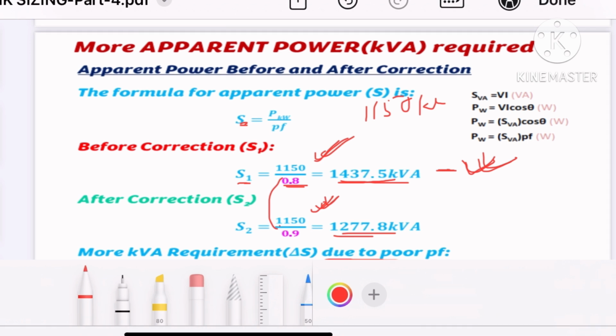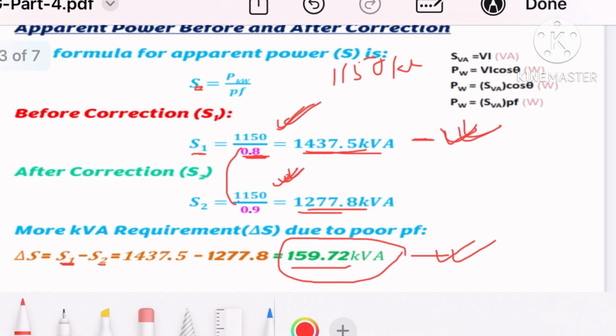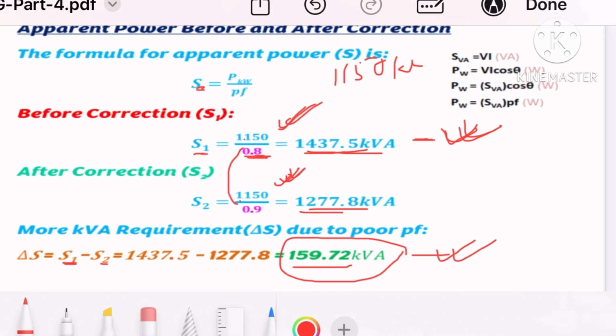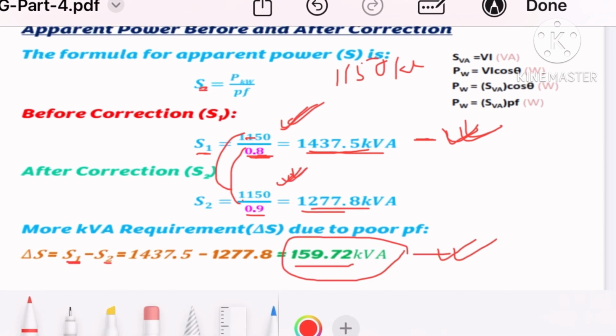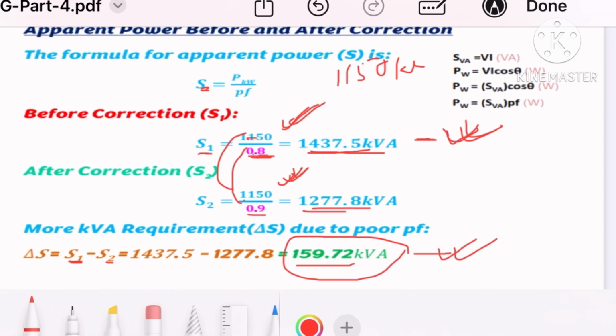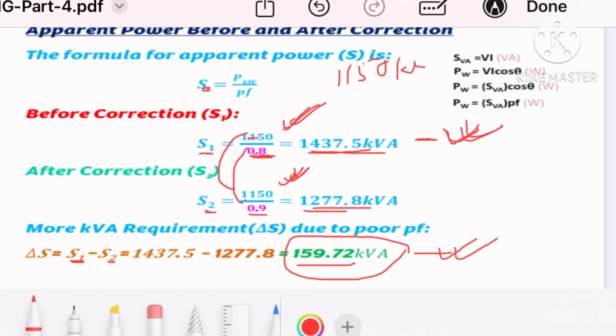Now this is the apparent power when we connect a load of 1150 kilowatt. Now I introduce a capacitor bank in the system with the same total connected load of 1150 kilowatt, so the power factor improves from 0.8 to 0.9. In this case the apparent power requirement is just 1277.8 kVA.